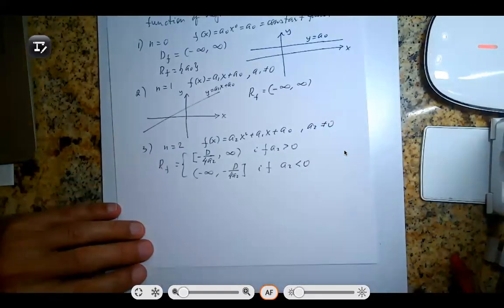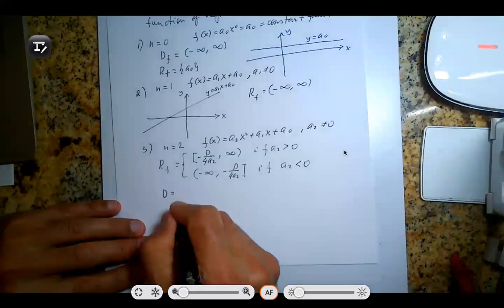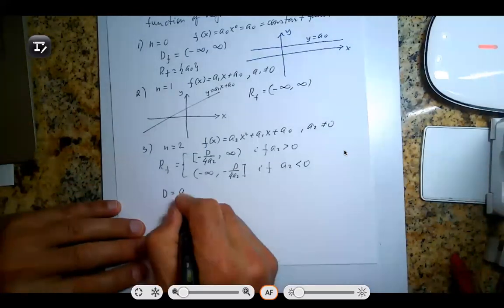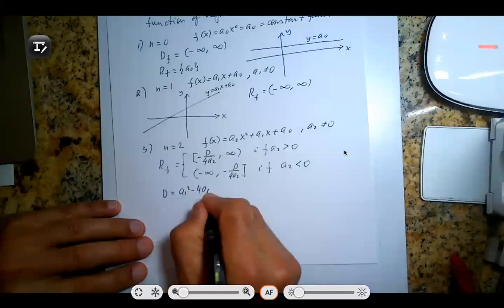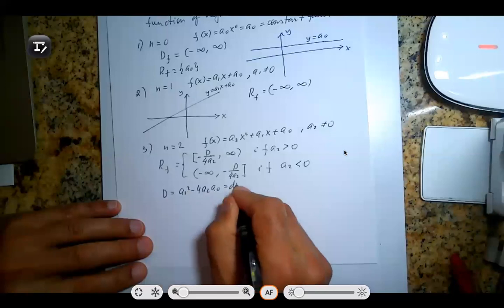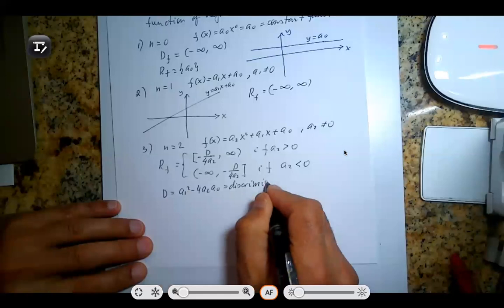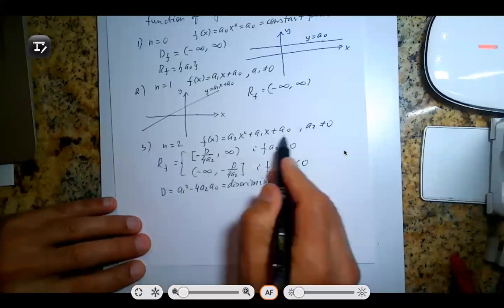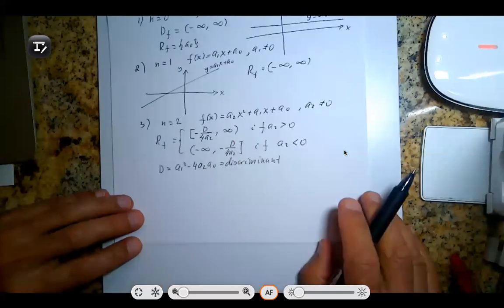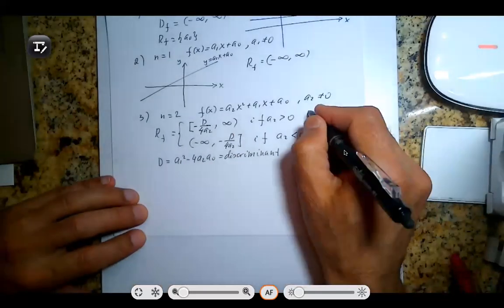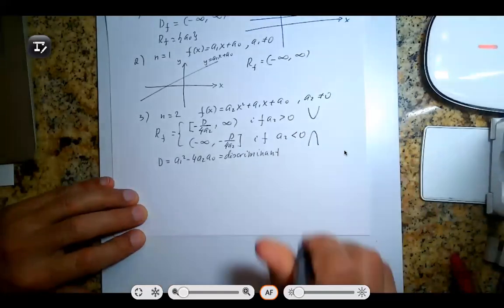In this case, the discriminant will be b squared, which is a sub 1 squared, minus 4 times a sub 2 times a sub 0. I'm not using a, b, c, I'm using a sub 2, a sub 1, a sub 0. And indeed, in this case, the parabola opens up.